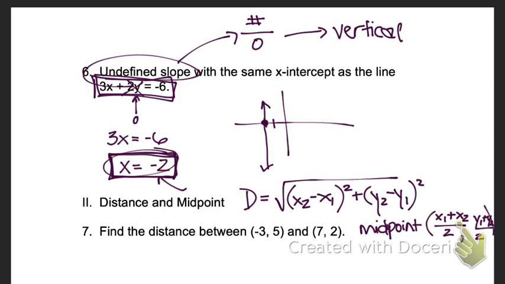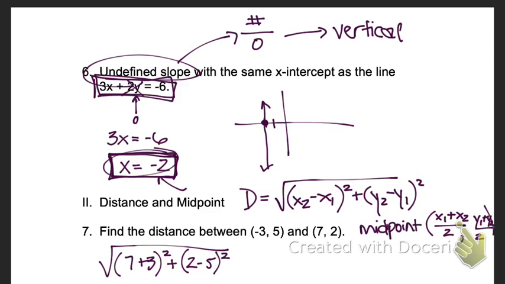Okay? So let's take a look at the distance formula real quick. Again, it does not matter which one you label x1, y1, and which one you label x2, y2. Just visually, we tend to make the second one your x2, y2, and the first one your x1, y1, just because your brain works that way. So we would do 7 minus negative 3, which turns into plus 3. 2 minus 5.